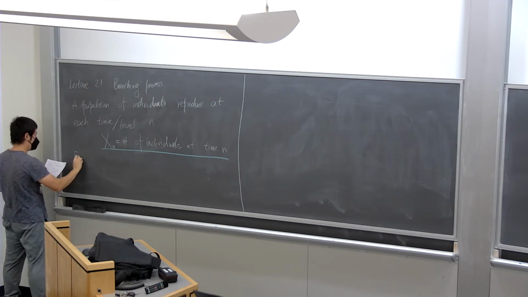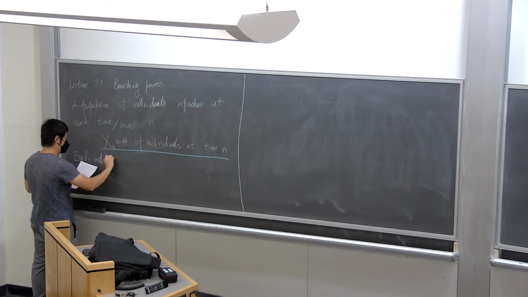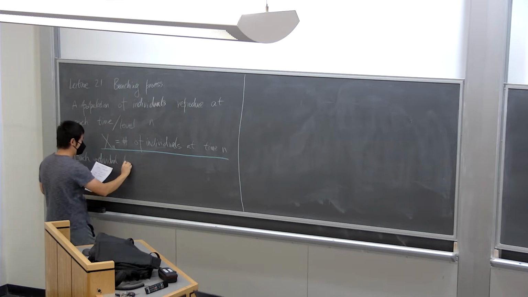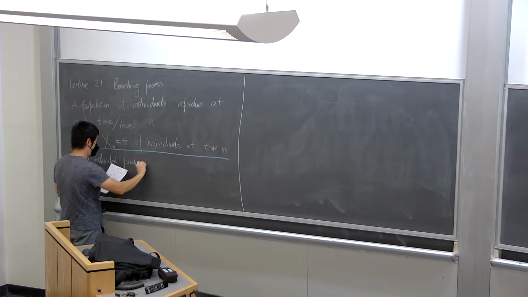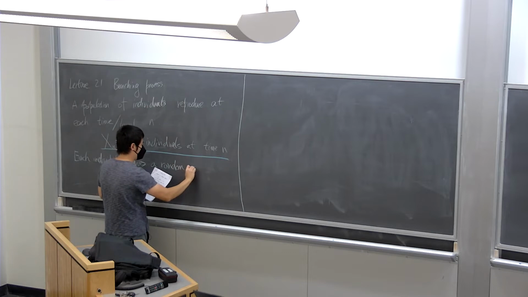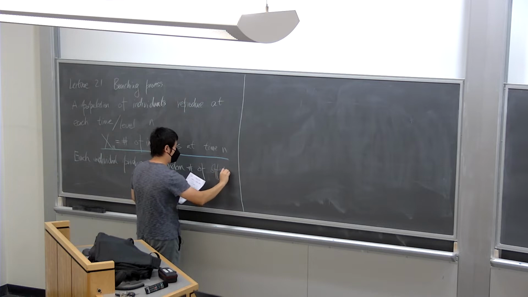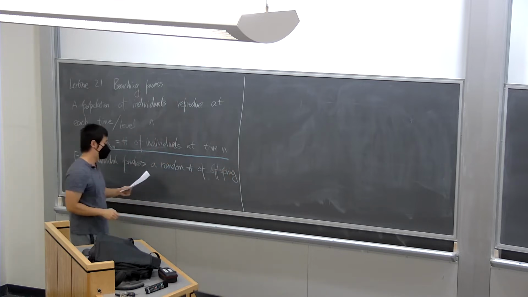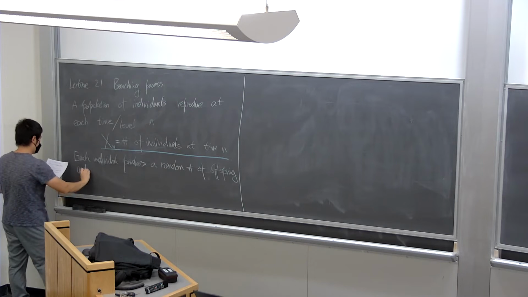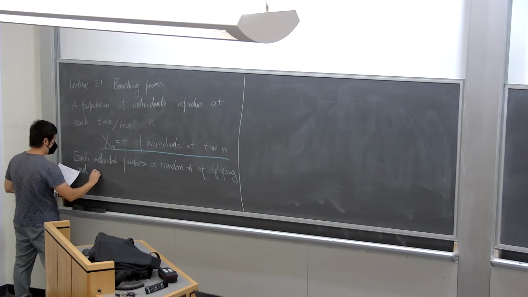So each individual produces a random number of offspring and dies afterwards.